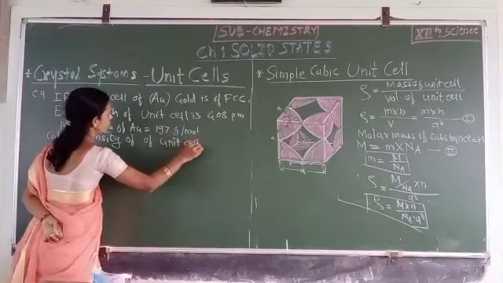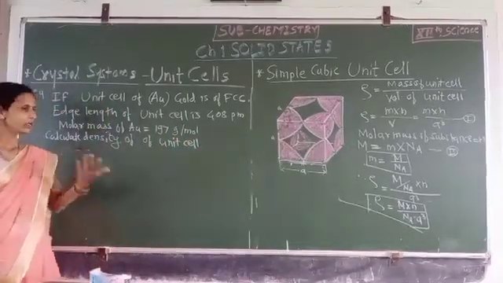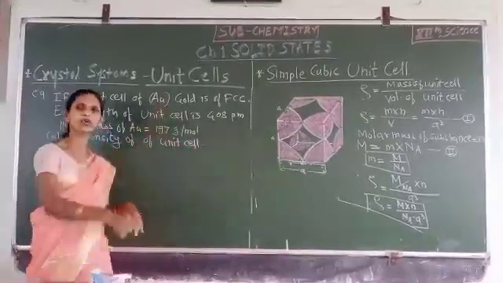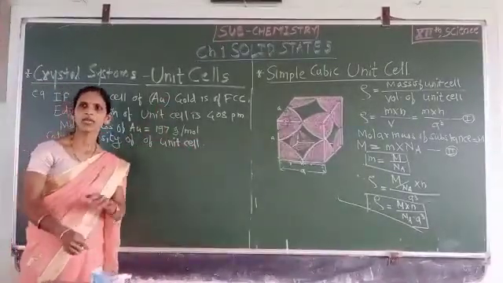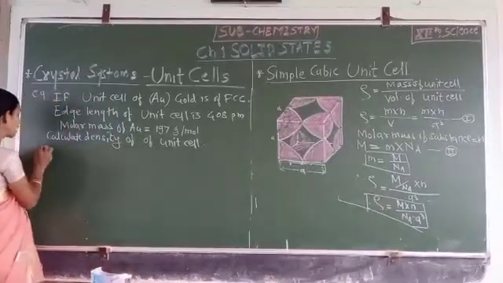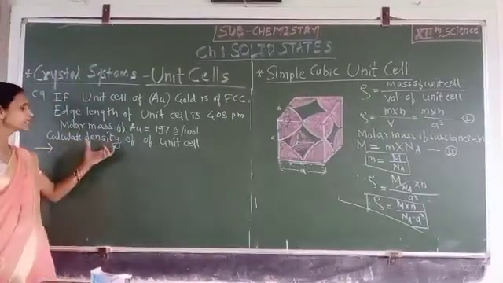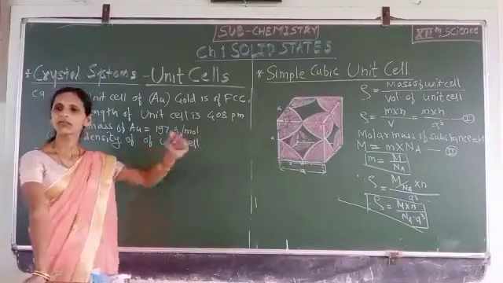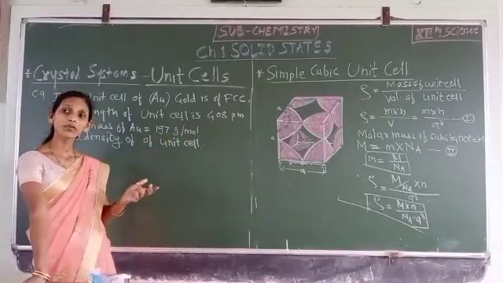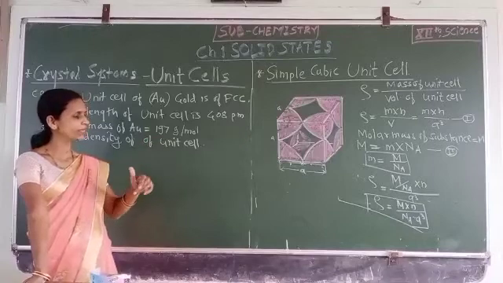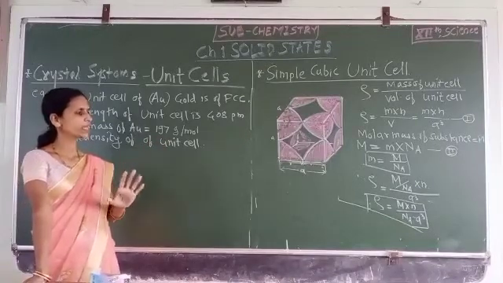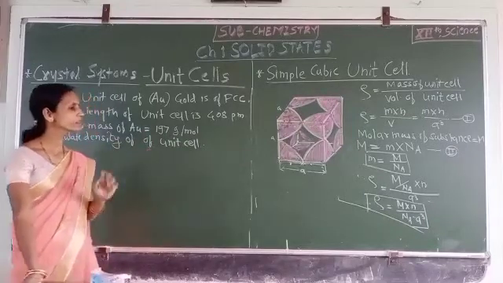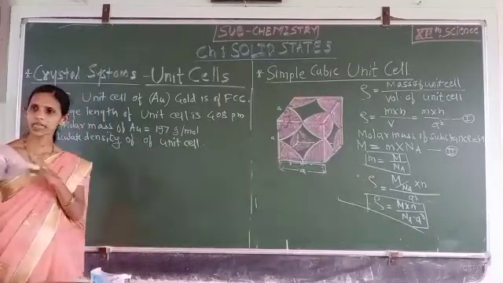All of you are aware that the density of the unit cell means the density of that substance. We can calculate the density of the unit cell using the formula which gives the relationship between molar mass, edge length, and the density of the substance of the unit cell.